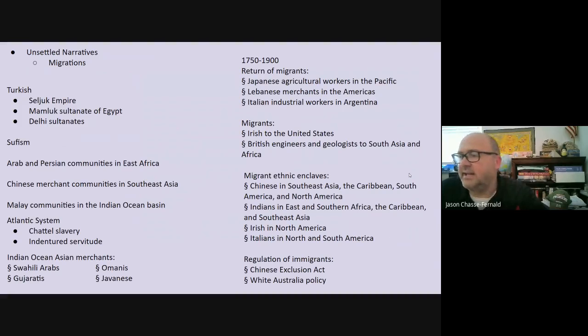I really don't do any 1900 to present, because we just covered those. Obviously, you could talk about second migrations, or South Asians from Uganda to Britain. We just did the 20th century, so I didn't put them on there for now.